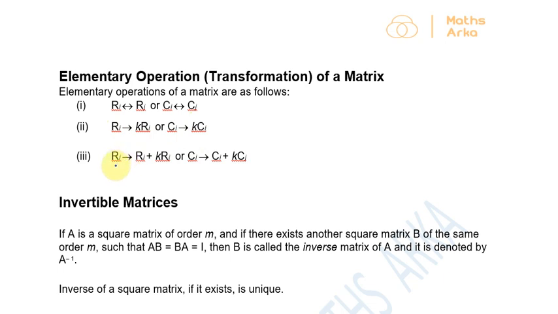Similarly, the third one says Ri can be changed to Ri plus K of Rj. So for any row, you can multiply a scalar with any other row and add it to this row.